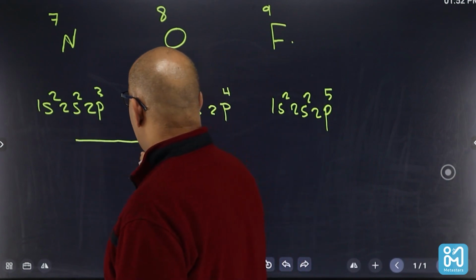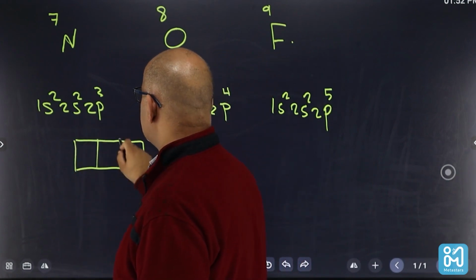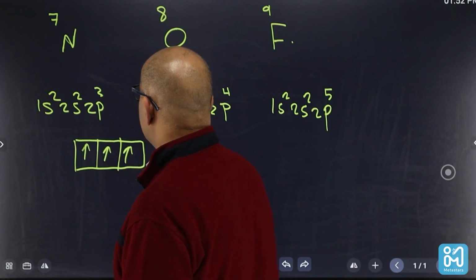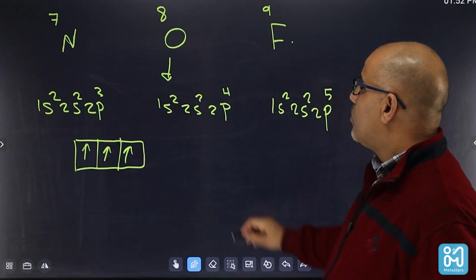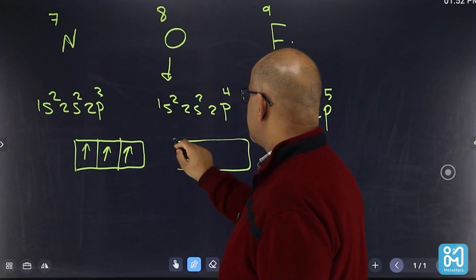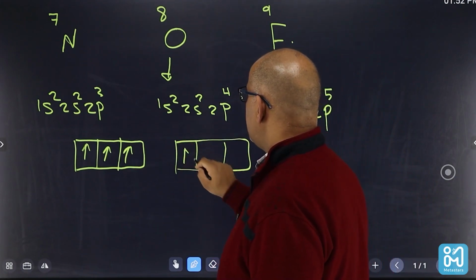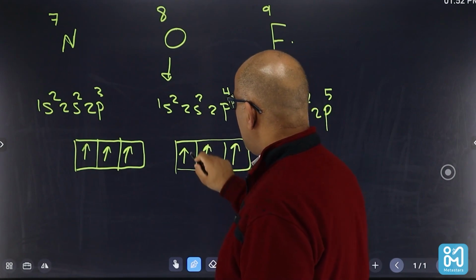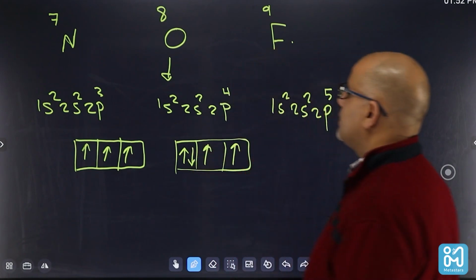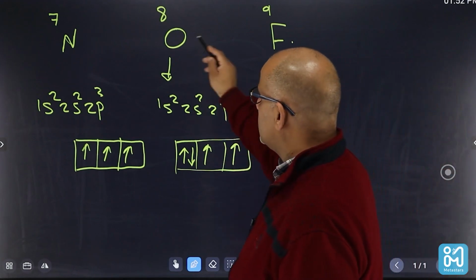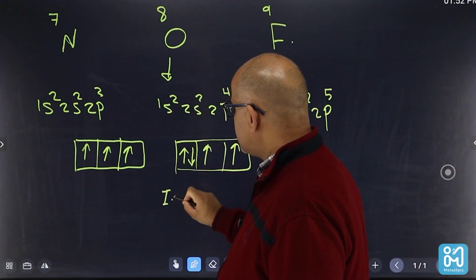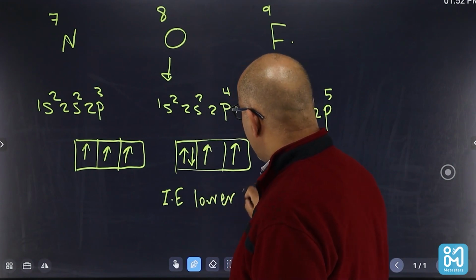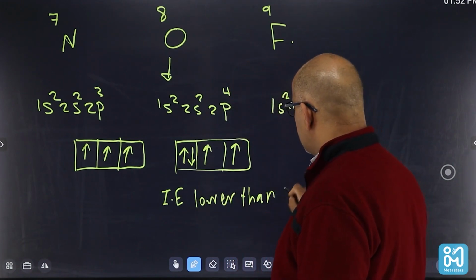For nitrogen, the p orbitals have 3 unpaired electrons, while for oxygen we have 1, 2, 3, and the fourth one is paired. So the ionization energy of oxygen will be lower than nitrogen.